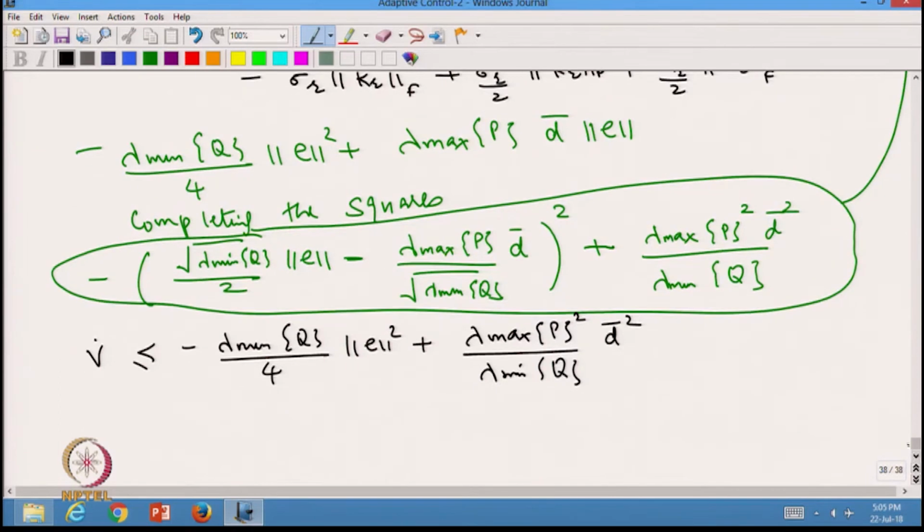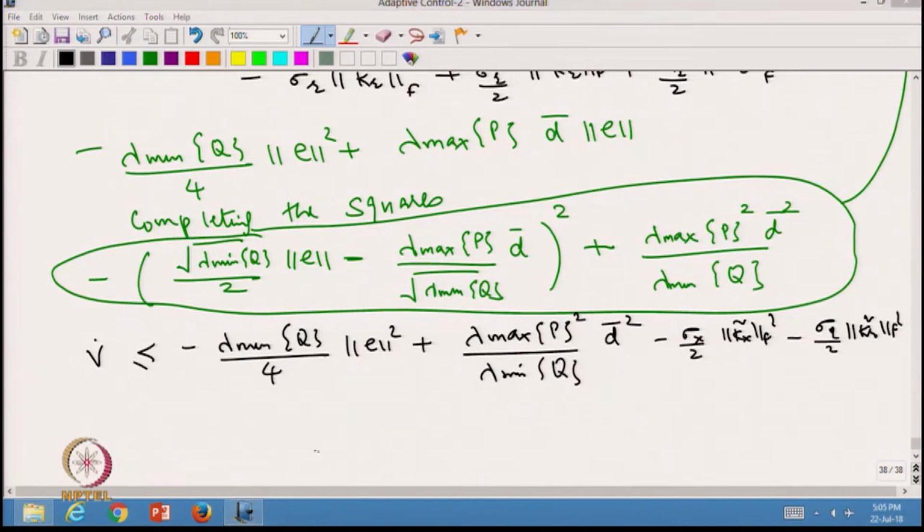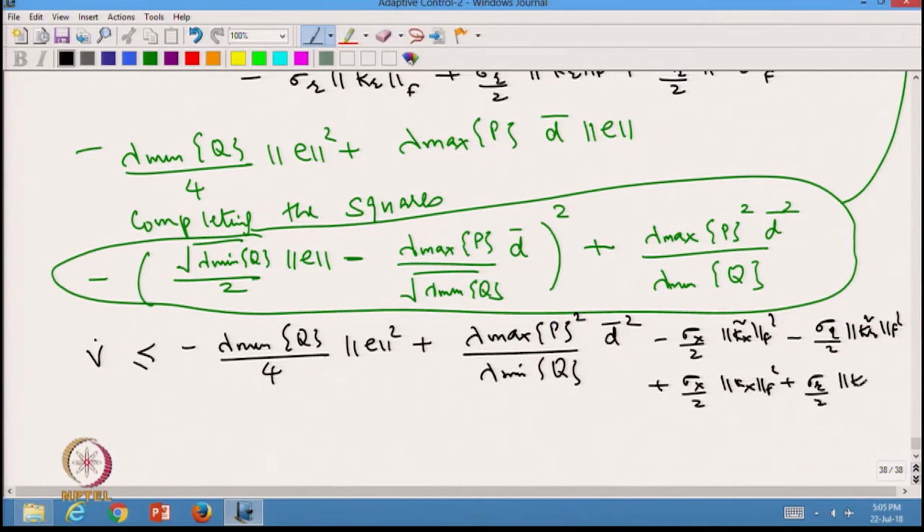Then we have the other terms: minus sigma x over 2 kx tilde square, minus sigma r over 2 kr tilde square. Then we have these positive terms: plus sigma x over 2 kx norm square plus sigma r over 2 kr norm square.